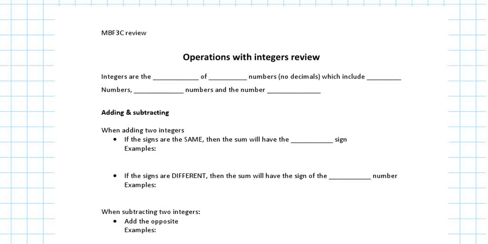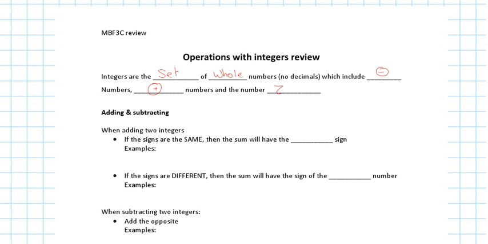So integers are the set of whole numbers, no decimal, which include negative numbers, positive numbers, and the 0.